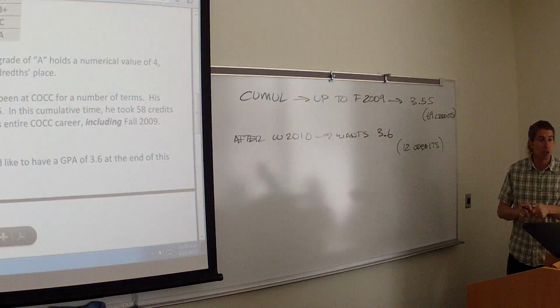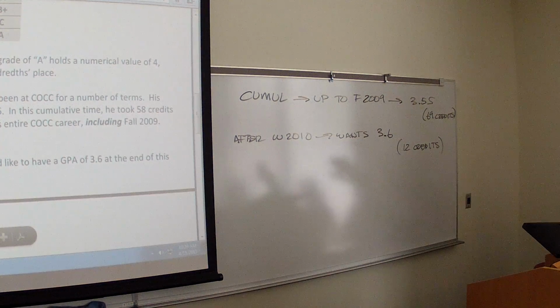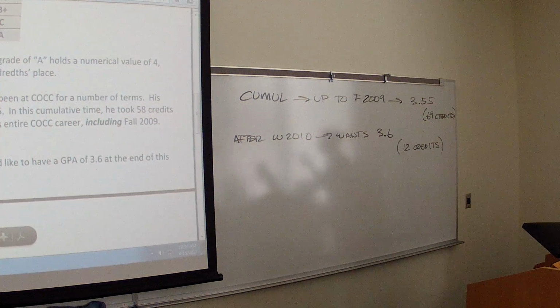Now, how do we know this is going to be a weighted average, other than the fact that 5 minutes ago we said it had to be? What's present up here that shows you it has to be a weighted average? Decimals?